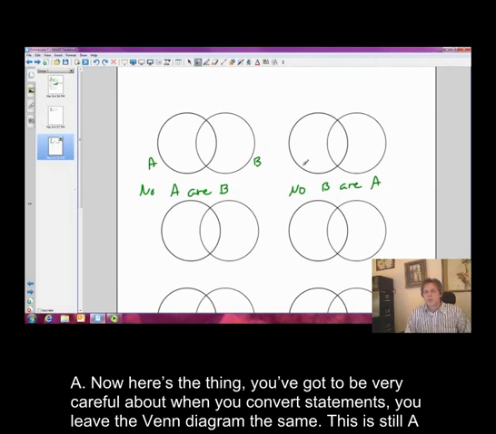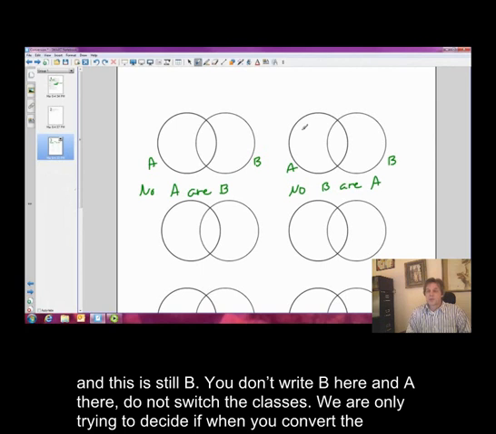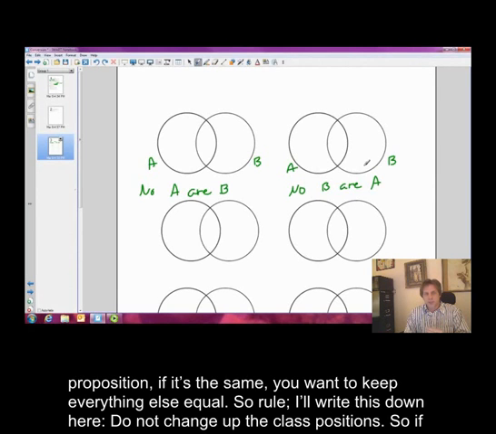When you convert statements, you leave the Venn diagram the same. This is still A, and this is still B. You don't write B here and A there. You do not switch the classes.